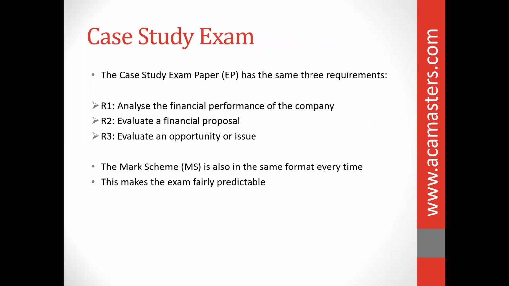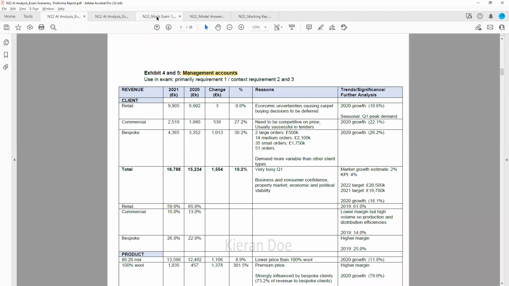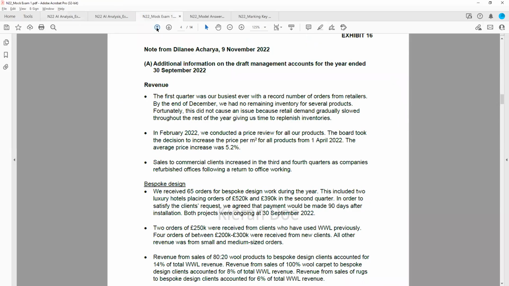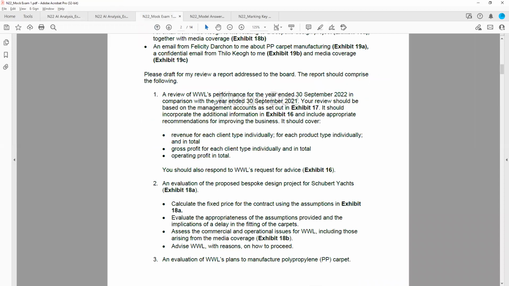So the case study exam itself has the 3 requirements. And as I've already said, it's the same 3 requirements every time broadly. So requirement 1, you'll have to analyze the performance and possibly the position of the business, comparing that to the previous year.